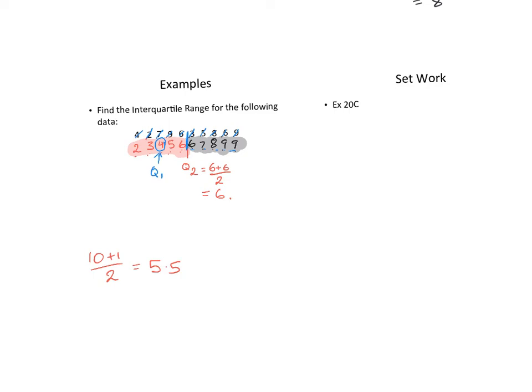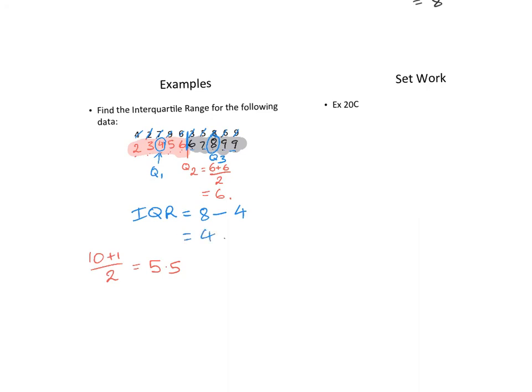So now I want to find the median of the black group, which is this score here, and that's Q3. Now that I've done all that, I can find the interquartile range: Q3, which is 8, minus Q1, which is 4. Once again, it's 8 minus 4, which happens to be 4.